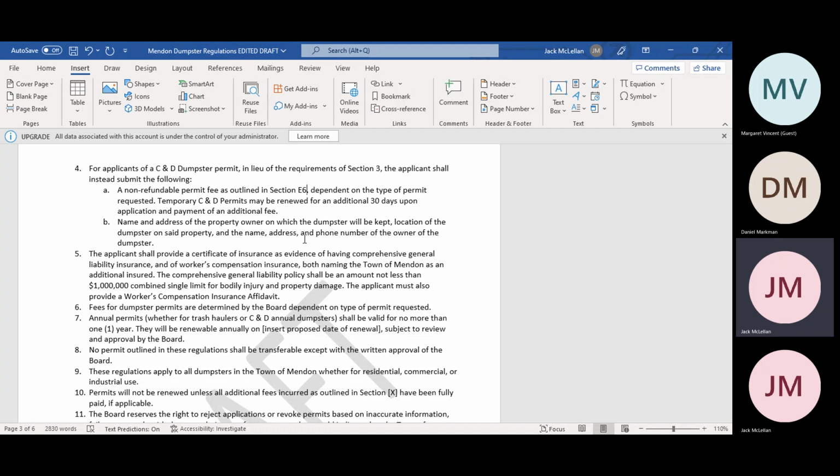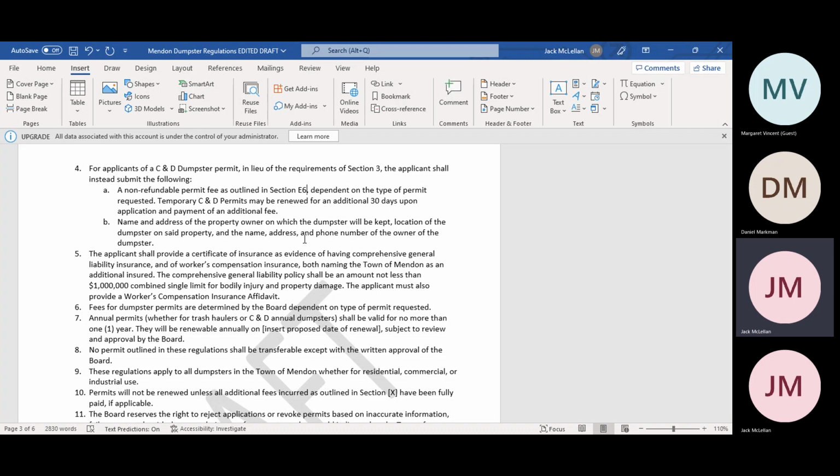Right, but they're charging them more rent. But I didn't feel there was an additional cost to the Board of Health to give them 30 more days for that extension.